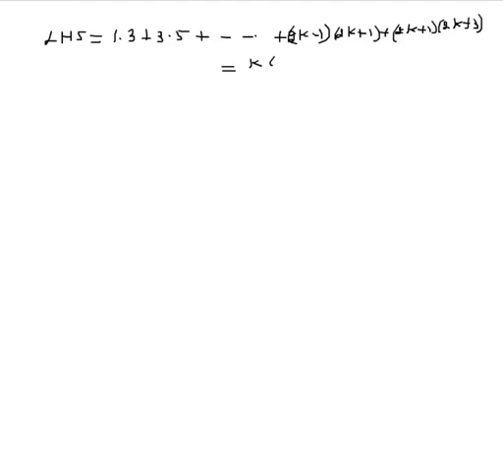Now let us take the left hand side of the result to be proved. I am writing the left hand side: plus etc. The kth term is 2k minus 1 into 2k plus 1, and the k plus 1th term is 2k plus 1 into 2k plus 3, equal to, now for the first k terms we know the total by P of k.